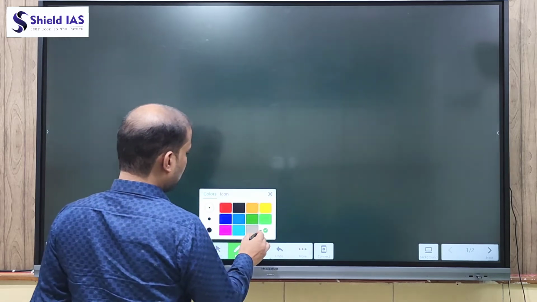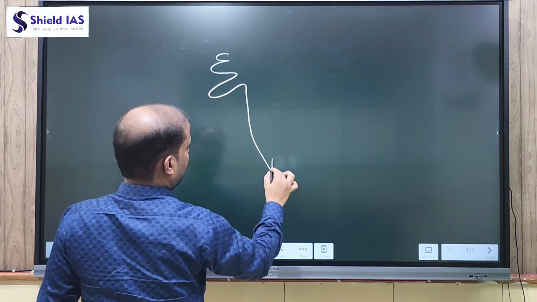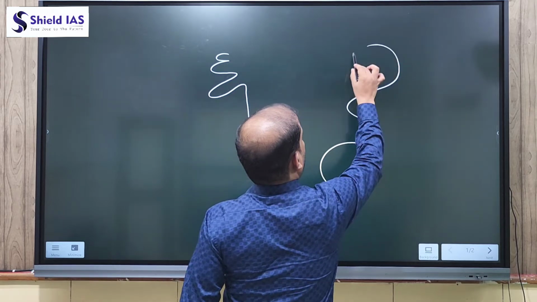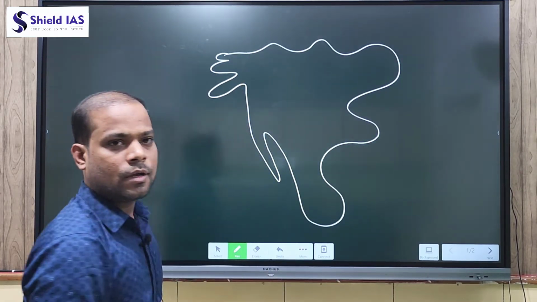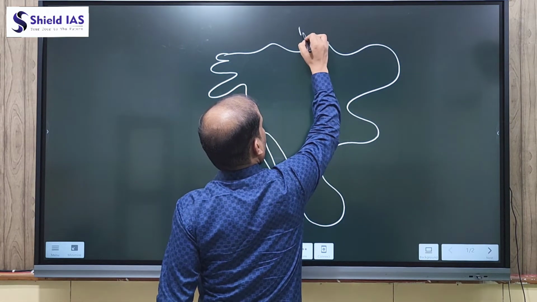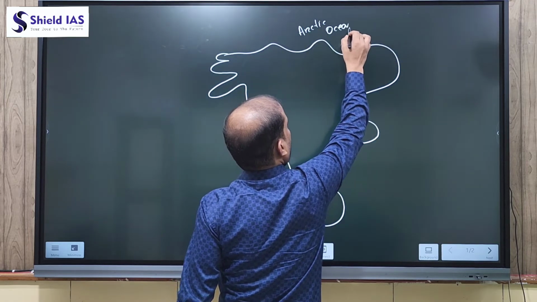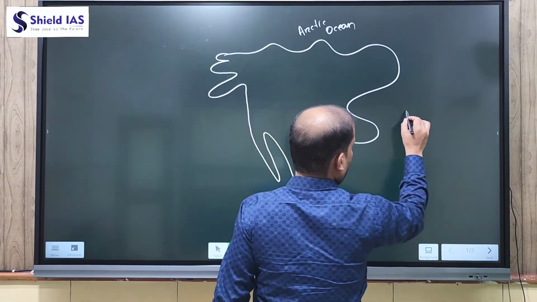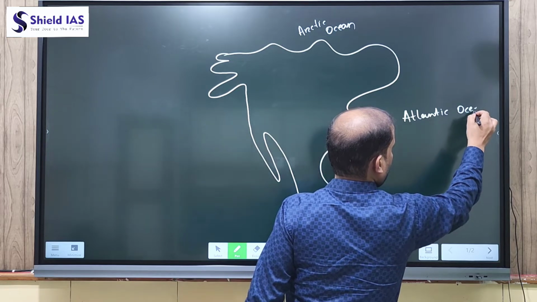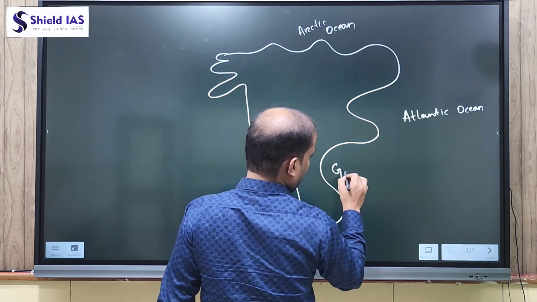If you see the location of North America, it is entirely situated in the northern hemisphere and western hemisphere. The northern boundary of North America shares its boundary with the Arctic Ocean, and east of North America we have the Atlantic Ocean, and in the southeast we have the Gulf of Mexico.